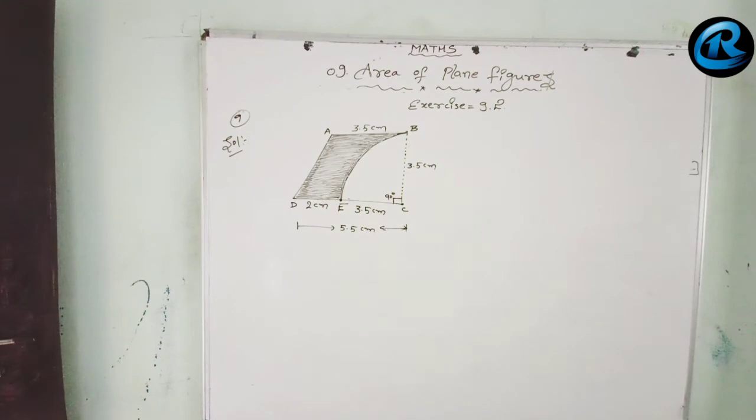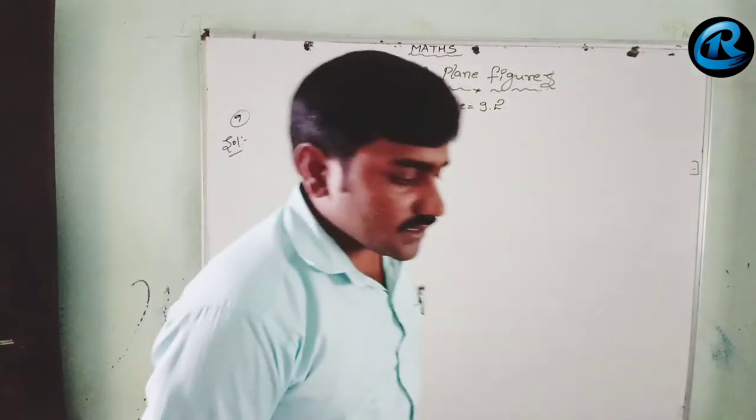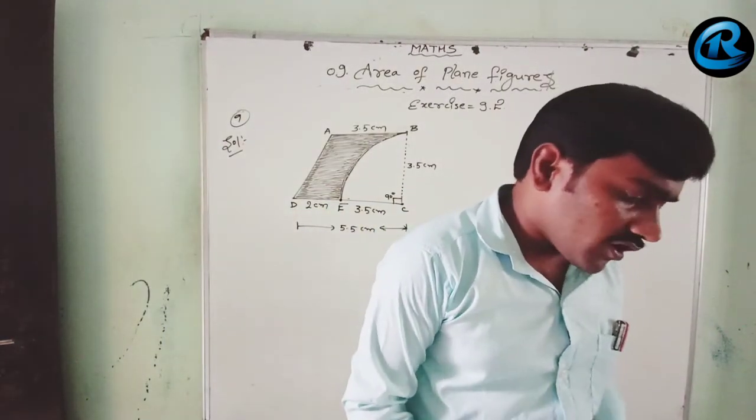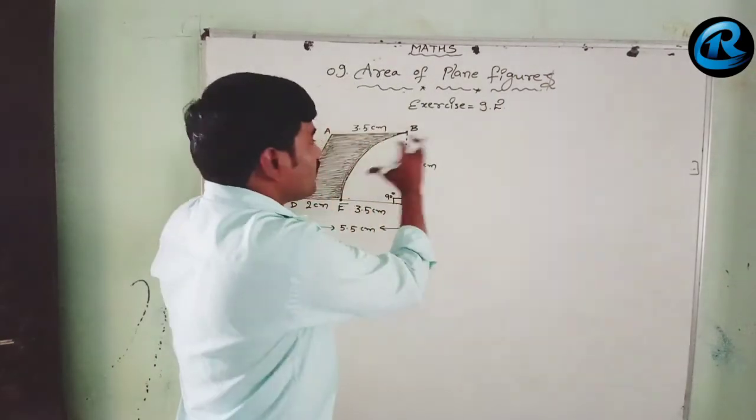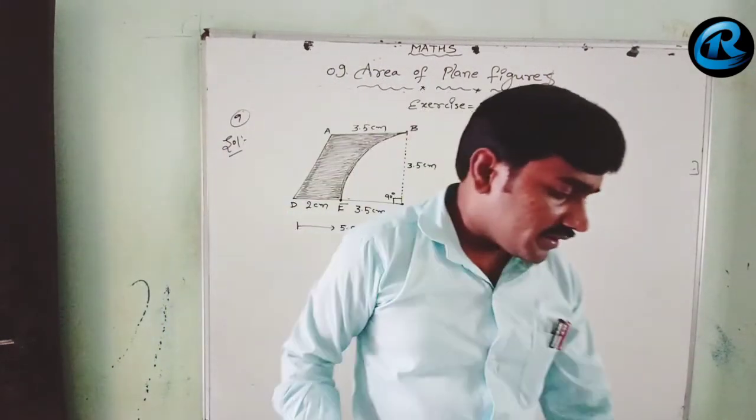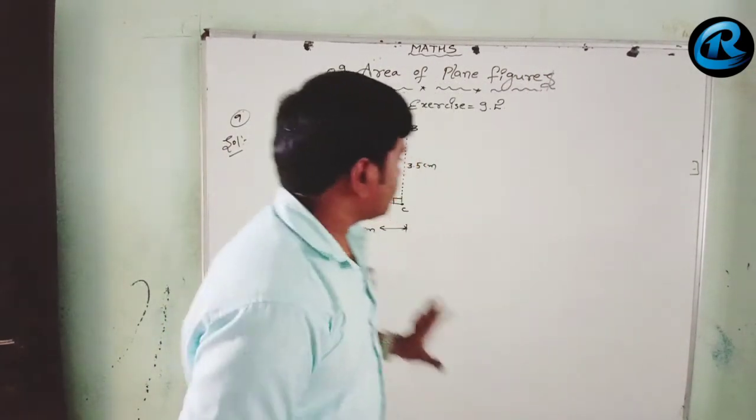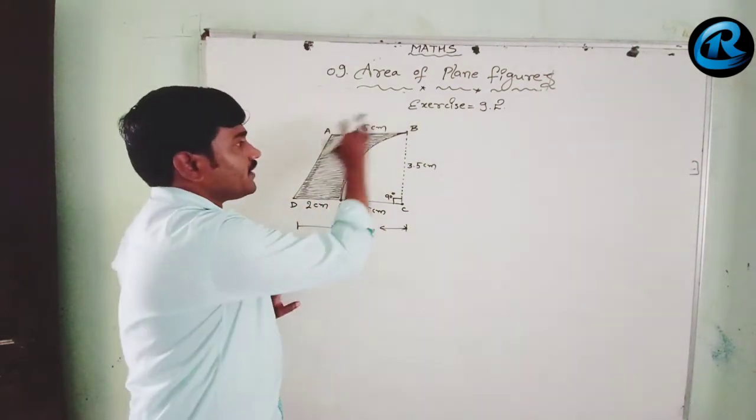Now we go for question number 9. Let us see, a piece of cardboard in the shape of a trapezium. ABCD is in the shape of a trapezium.